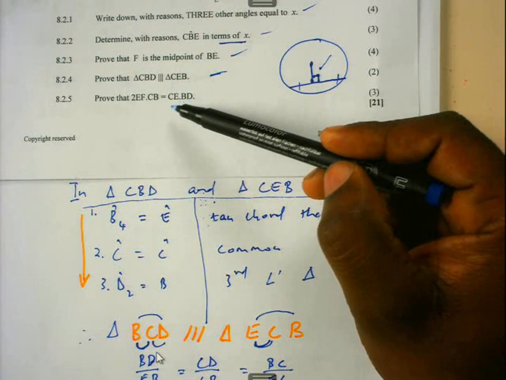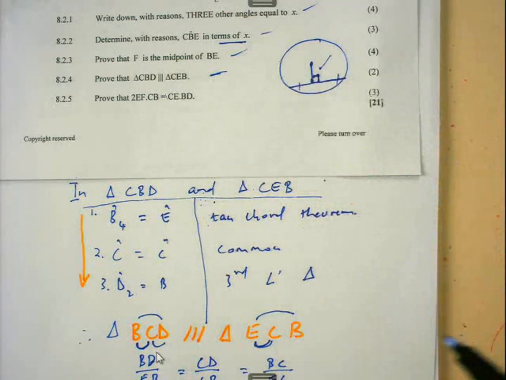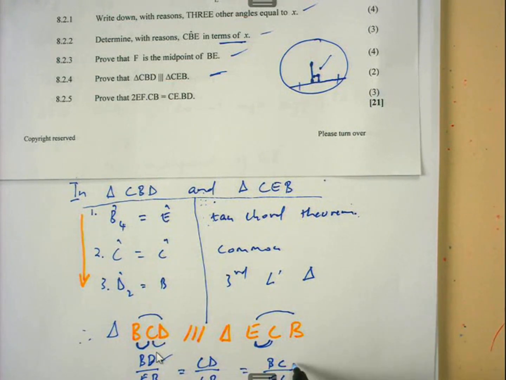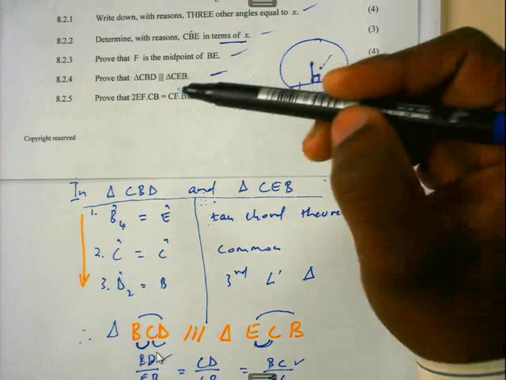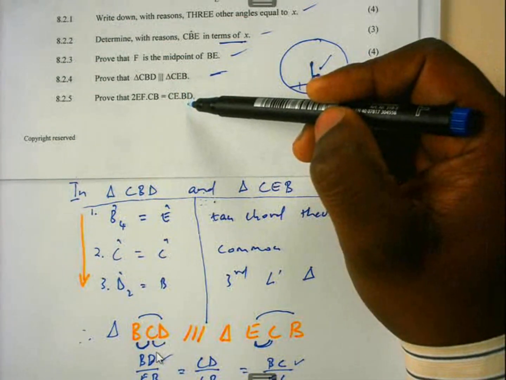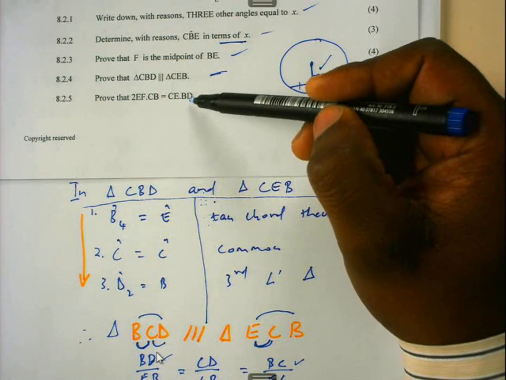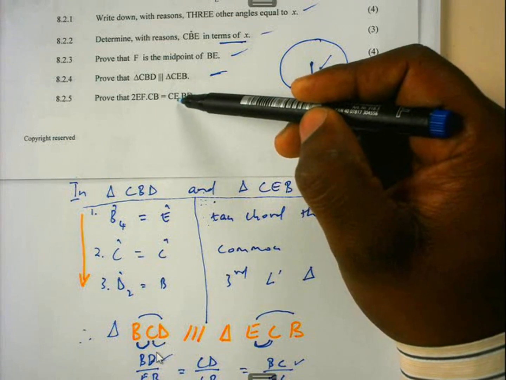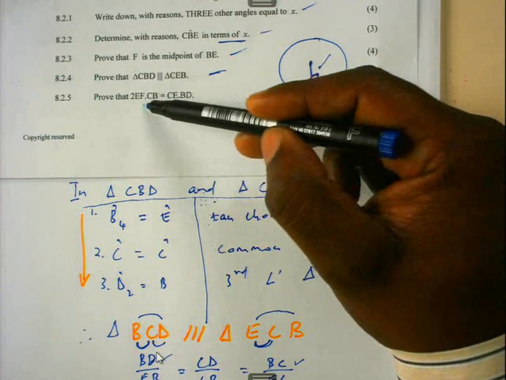CE, BD, you also have CB. So it means we can take this ratio, we can also take the ratio BC here, because look at this now, BD, EC.